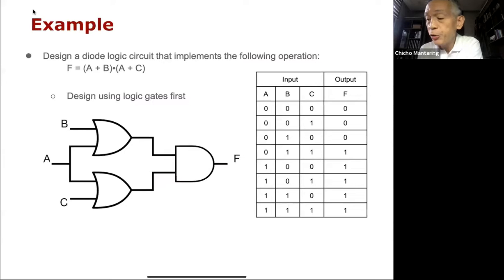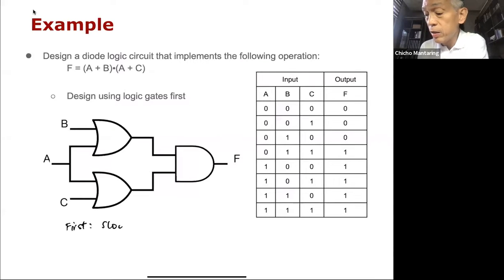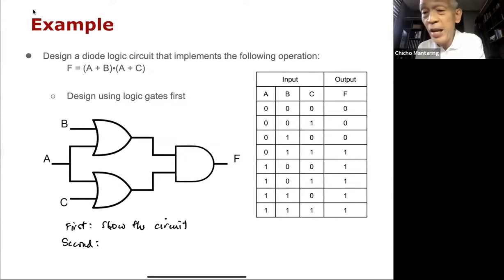Okay, I'm going to ask you to just do this on your own. So 2 parts to this example. First, you show the circuit. And then second, show the truth table in terms of voltages.